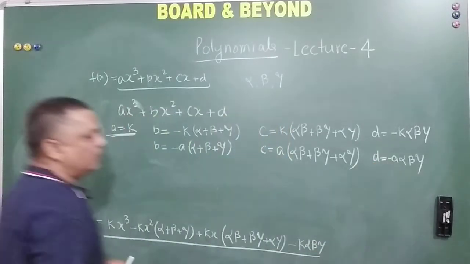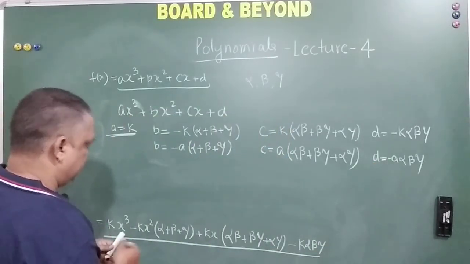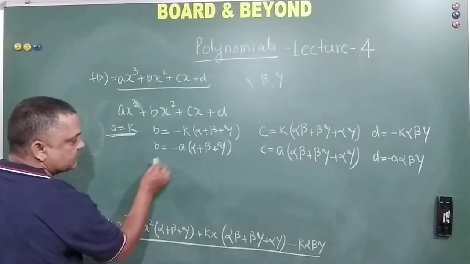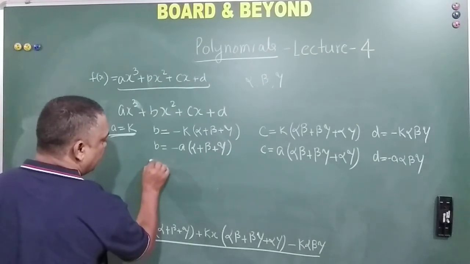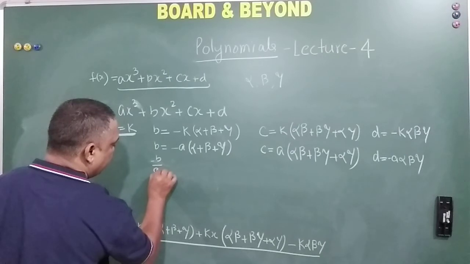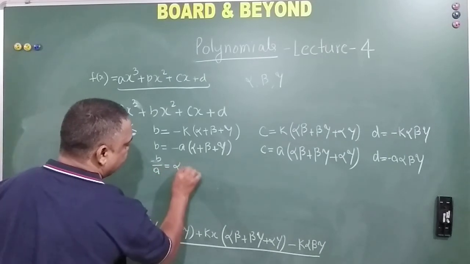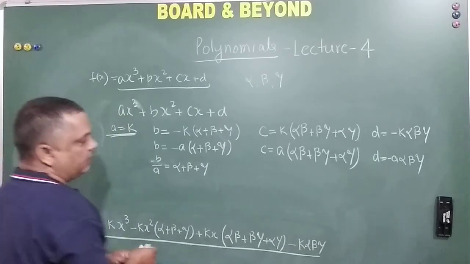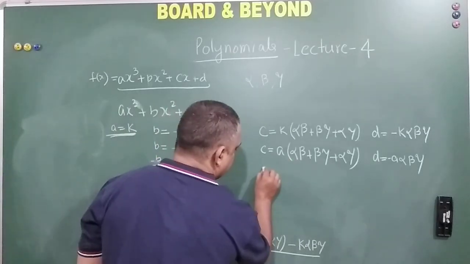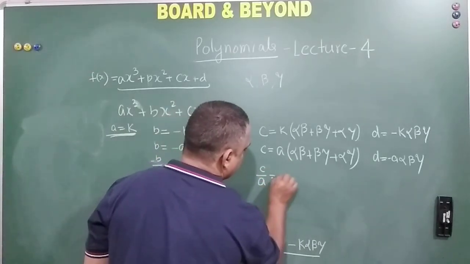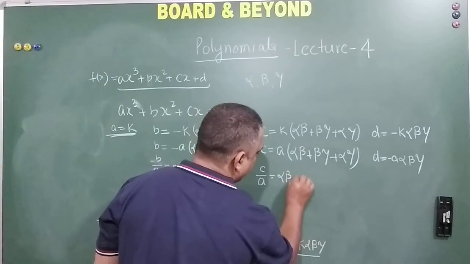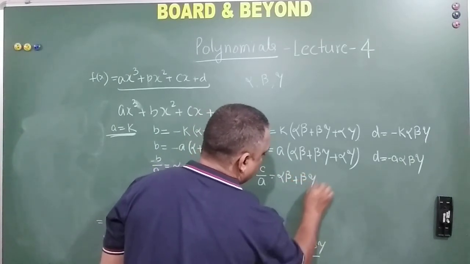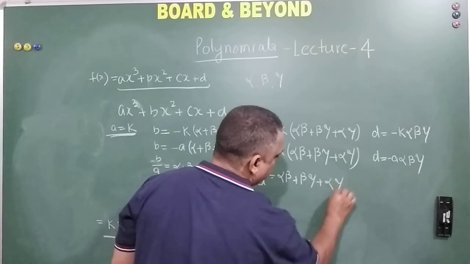So now what we can do here is, see, if I bring this side, this becomes minus b by a is equal to alpha plus beta plus gamma, right? If I bring it here, this becomes c by a is equal to alpha beta plus beta gamma plus alpha gamma, right?